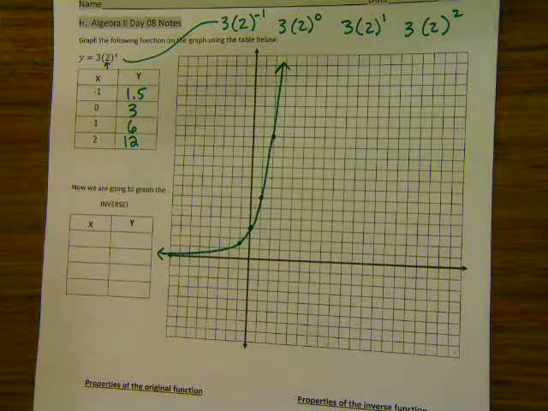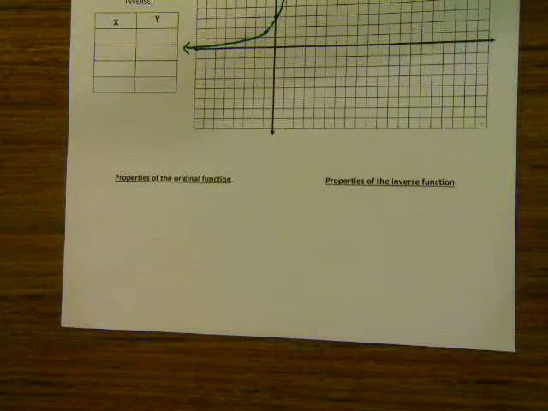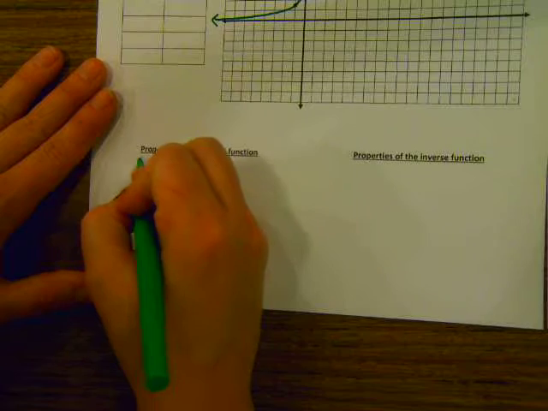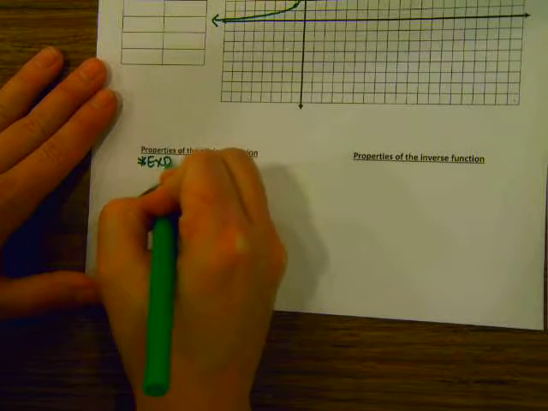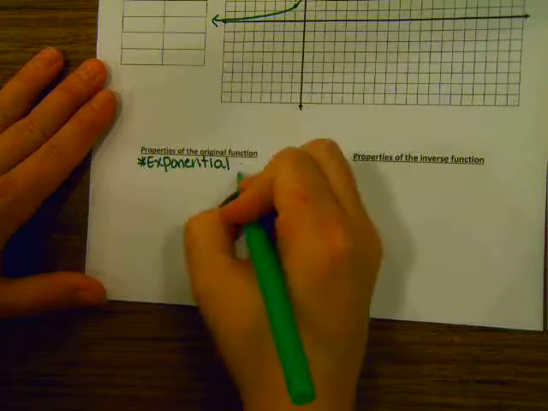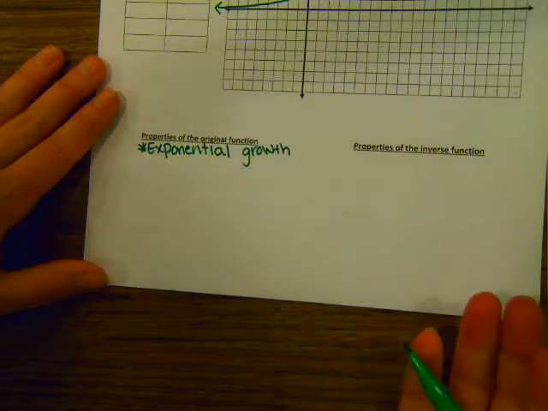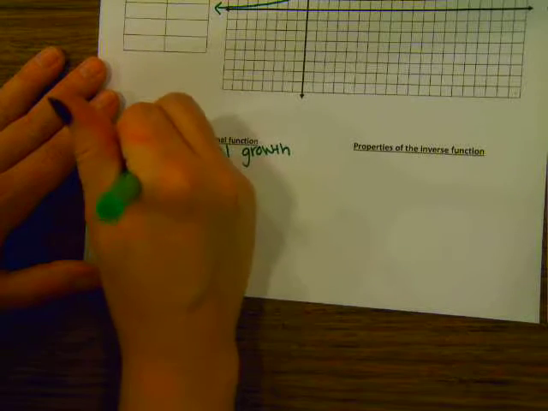So let's go down to the bottom of the paper where it says properties of the original function. Well, a couple things. Remember, the original function is exponential because the x is the exponent, and it's growth, which we just covered. Exponentials, which means it has a horizontal asymptote.